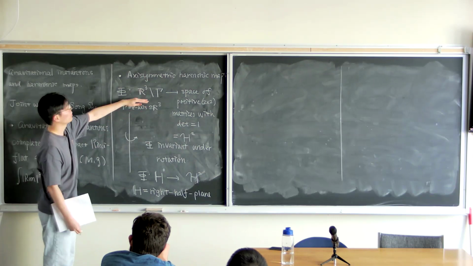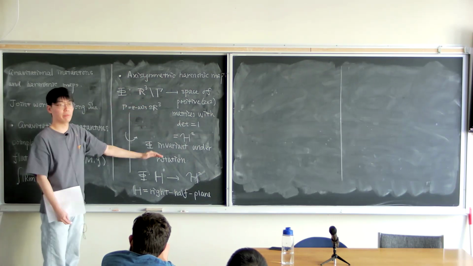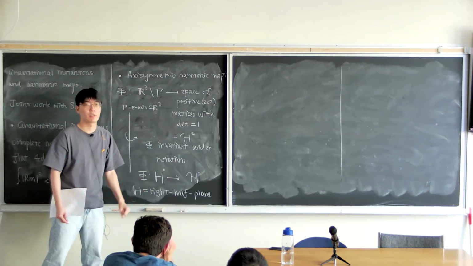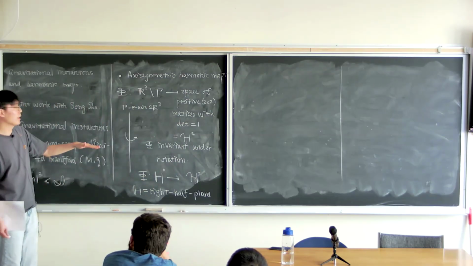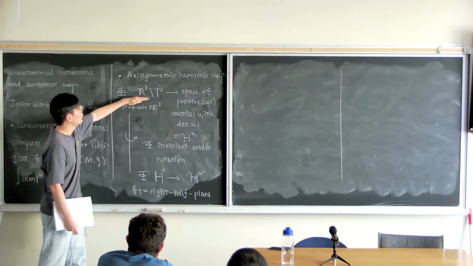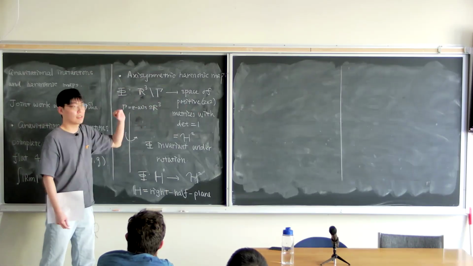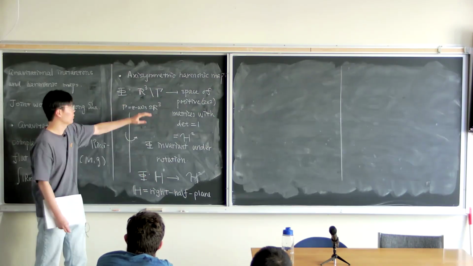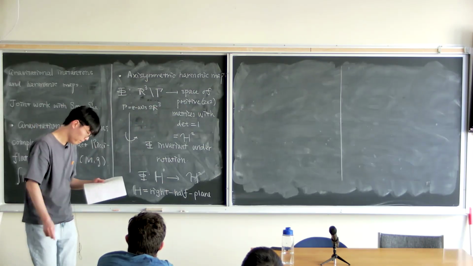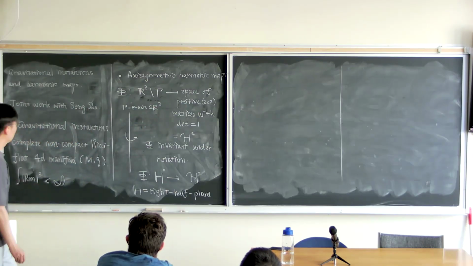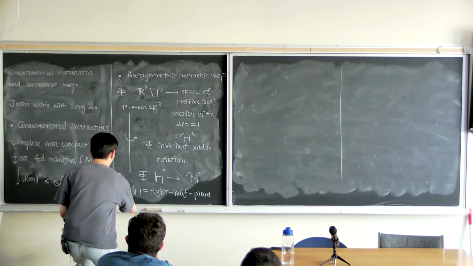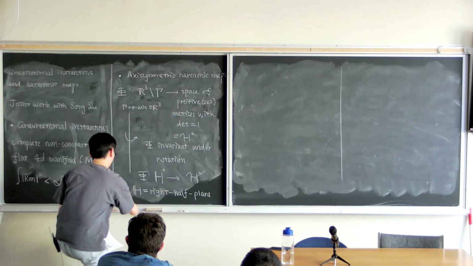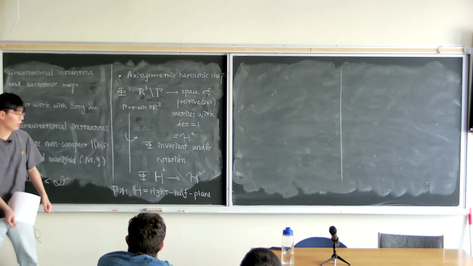If you take R3 quotient the rotation, you get the right half plane. But the key thing is that it's harmonic if you treat this as a map from R3 into the hyperbolic space. It's not going to be harmonic if you treat this as a map from the right half plane into hyperbolic space. So this is the harmonic one. And the gamma, the z-axis, will be the boundary of the right half plane.